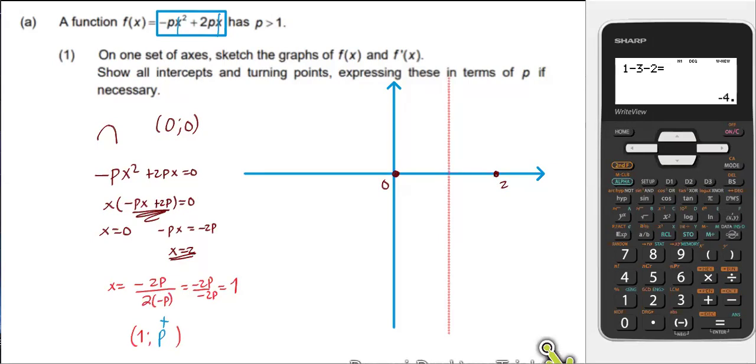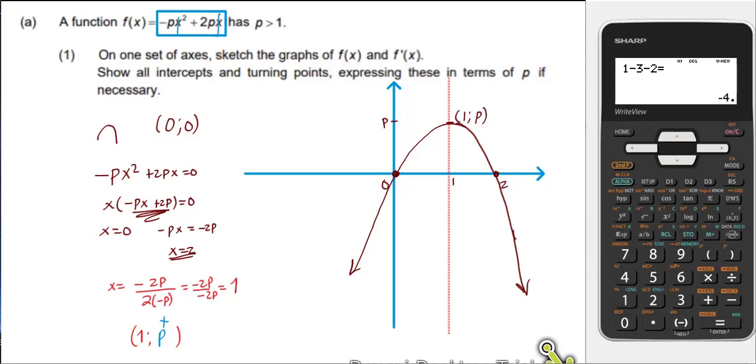And then the y-intercept, there it is. That dotted line is actually 1, and p is somewhere above there. So my graph will turn like that and like that. That is my parabola. The coordinates of the turning point there are (1; p).